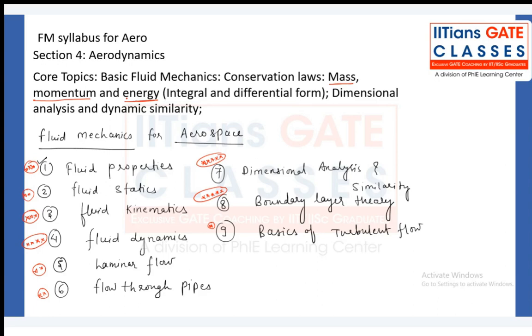Then 4 stars I have given to fluid dynamics. 3 stars to fluid kinematics. Fluid properties also 3 stars. Fluid statics 2 stars. Laminar flow 2 stars. Flow through pipes 2 stars. Very important, guys. Please make a note of it.